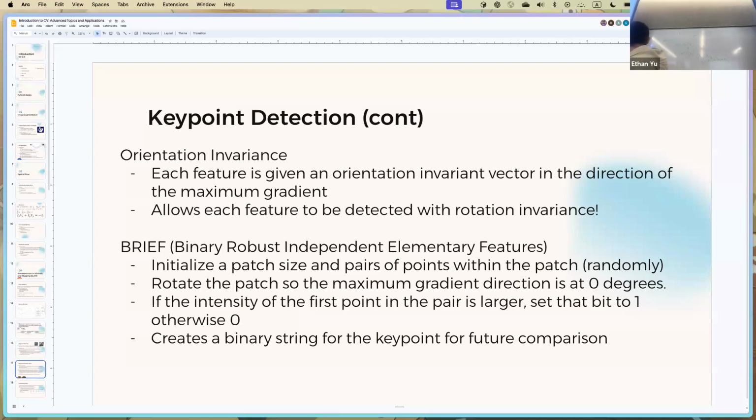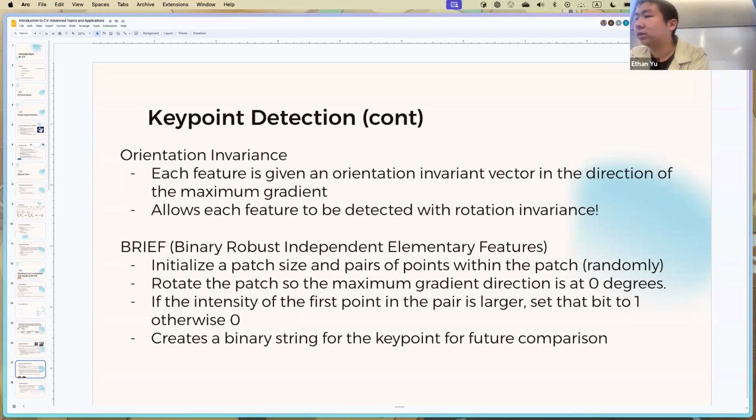If I'm looking at it from that side, and these pixels are still stronger compared to over here, it'll still point the same way. So no matter which way I look at it, the relative intensity of the pixels should be the same, so the gradient should be the same, in which case we get a rotation invariant vector. And then after that, we can apply BRIEF.